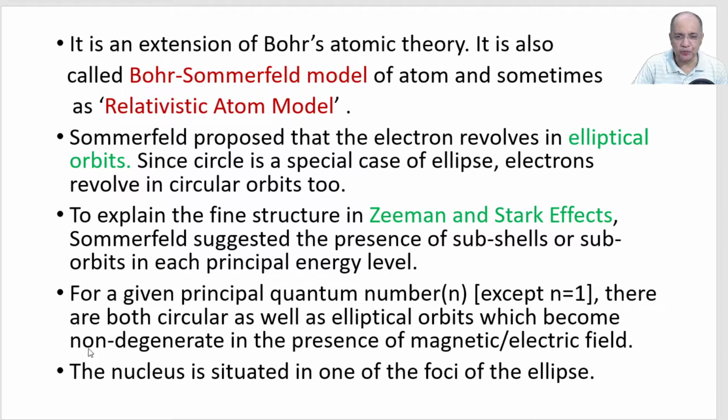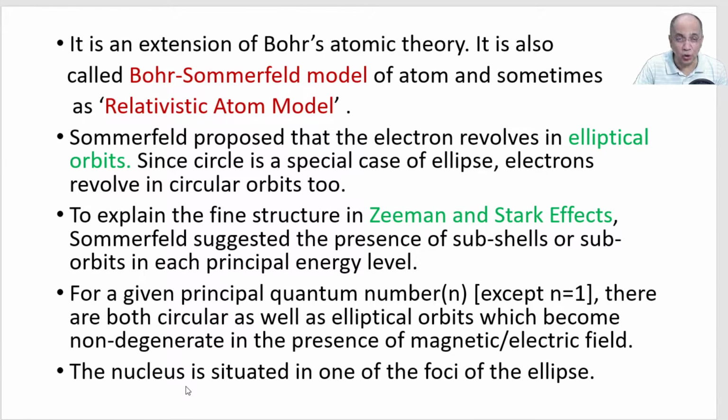I'll tell you. For a given principal quantum number n, excepting n equal to 1, that is the first cell, there are both circular as well as elliptical orbits, which become non-degenerate in the presence of external magnetic or electric field.